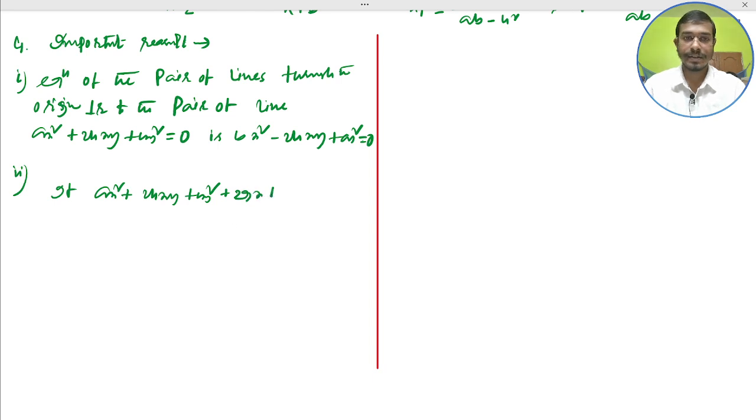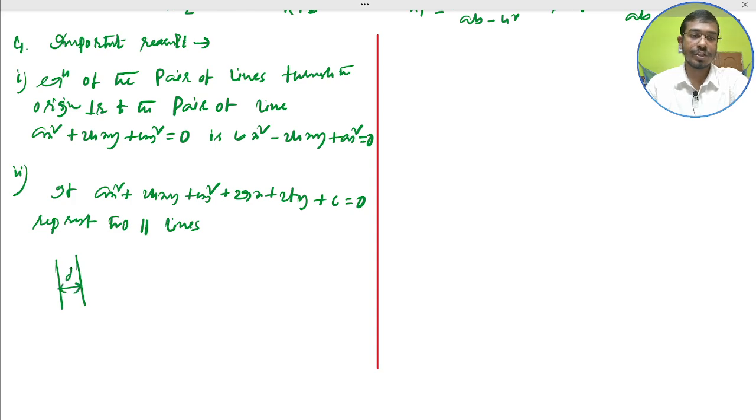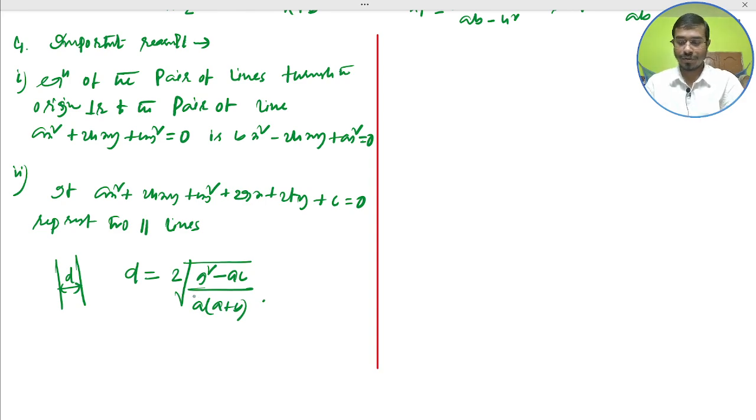And the number 2 result: if ax square plus twice hxy plus by square plus 2gx plus 2fy plus c equal to 0 represents two parallel lines, then the distance between them, for JEE Advanced, is d equal to 2 square root of (g square minus ac) divided by a into (a plus b).